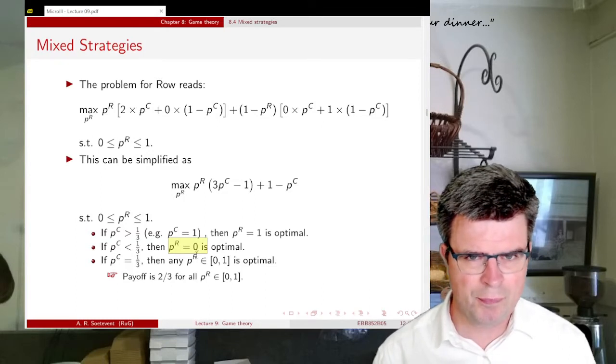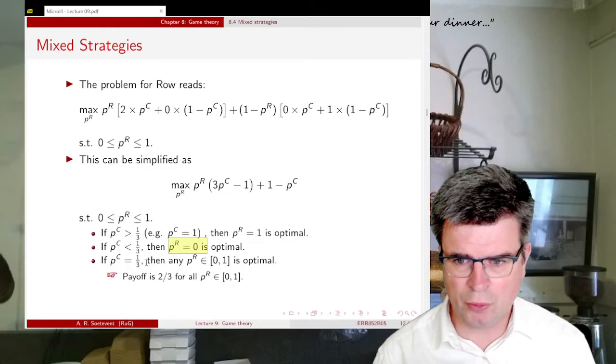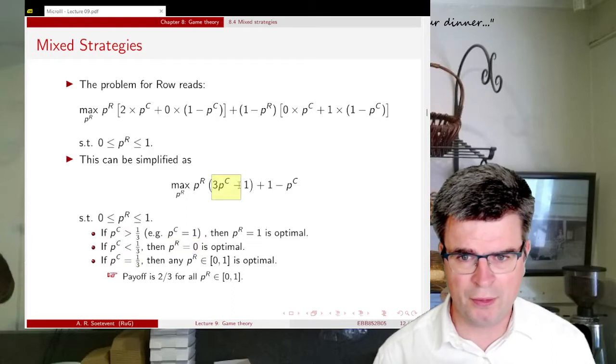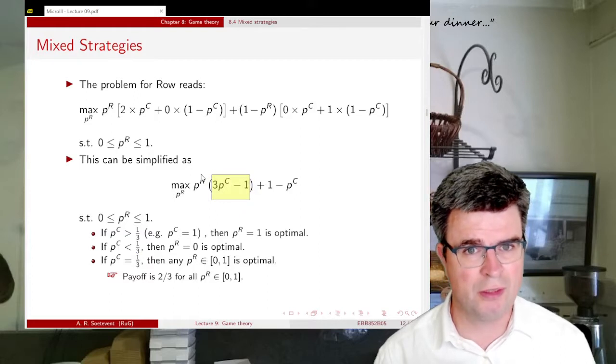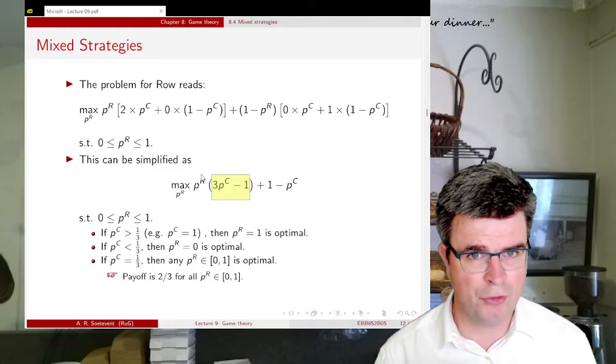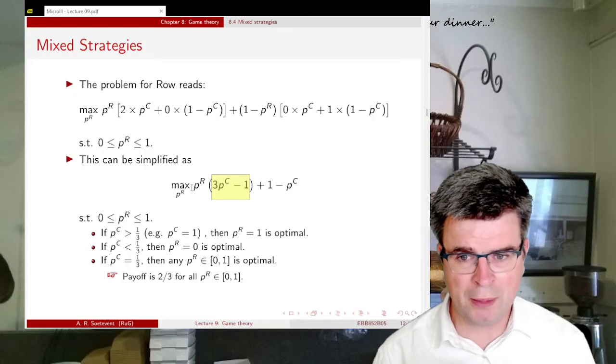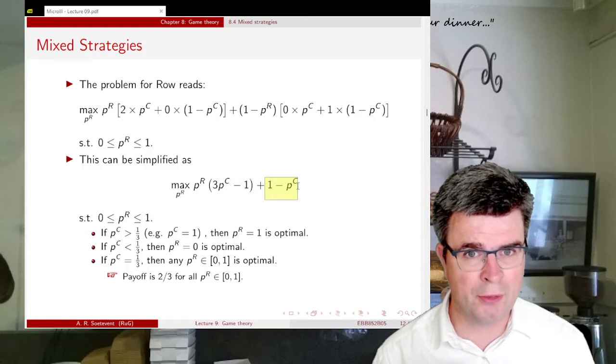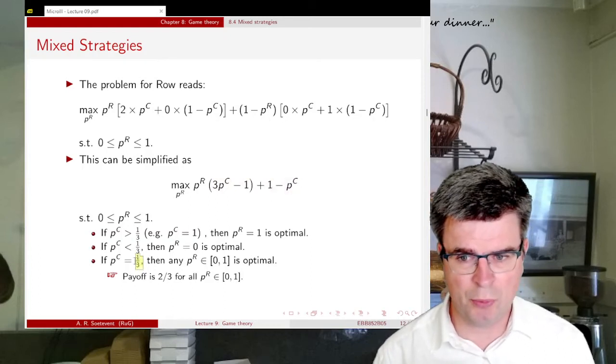And then there's the borderline case where the column player chooses Italy with probability 1/3. Well, then this term within parentheses is identical to 0. It vanishes. So the expected utility of the row player is then 1 minus PC, and PC is equal to 1/3.